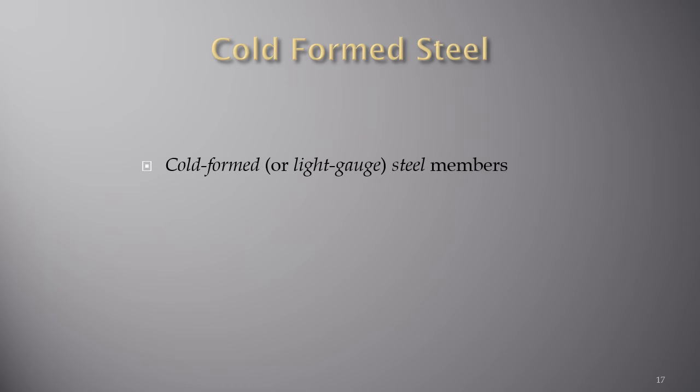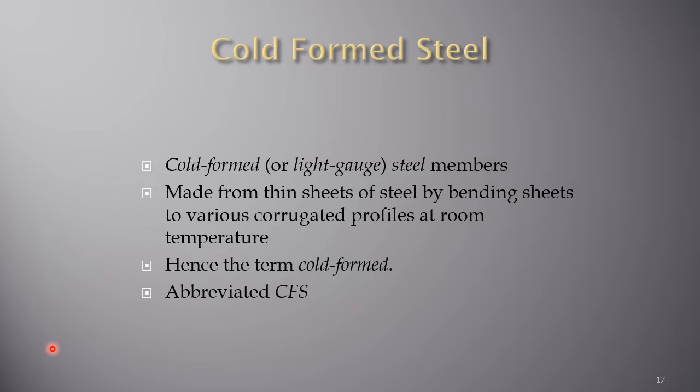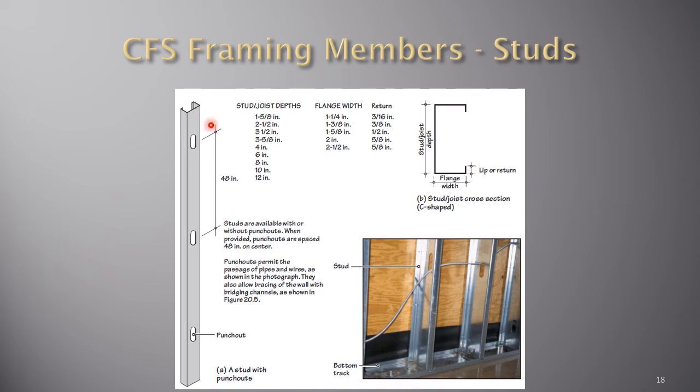Cold form steel or light gauge steel members are made from thin sheets of steel by bending the sheets to various profiles at room temperature, and that's why they're called cold formed, and they are abbreviated by the words CFS for cold formed steel. Here are some examples.